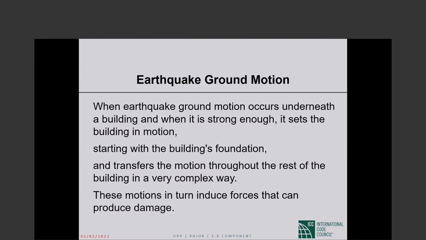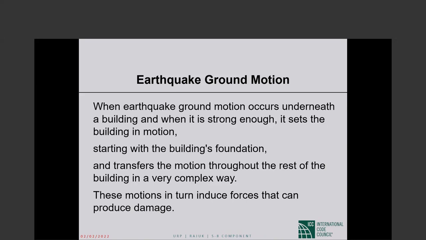That's what happens. An earthquake moves the foundation from underneath the building all of a sudden. And the rest of the building, unless it is a very short, stocky building, cannot readily follow the movement of the foundation. It stays behind and then tries to catch up with the movement of the foundation.